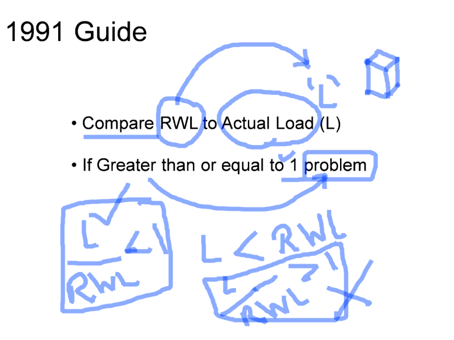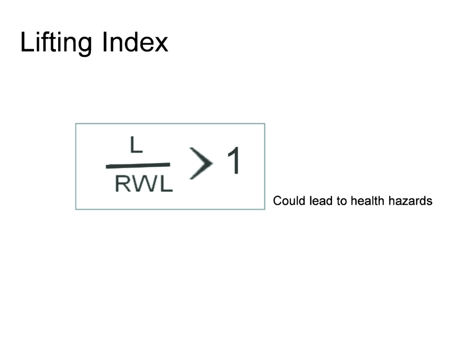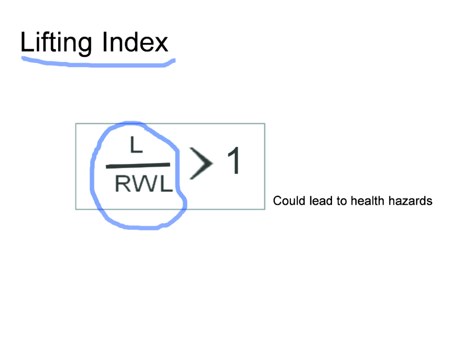So the actual load L should always be less than the recommended weight limit. If you calculate L divided by recommended weight limit, the value should be less than 1. Then it is safe. It is good.